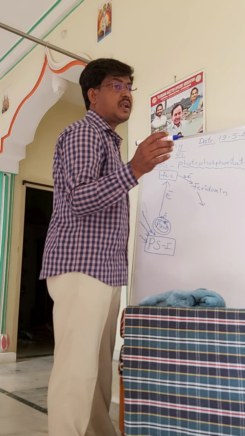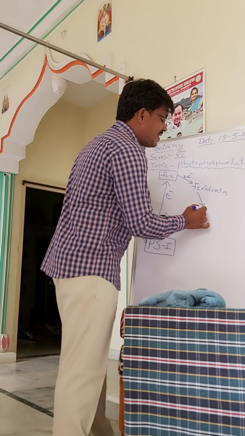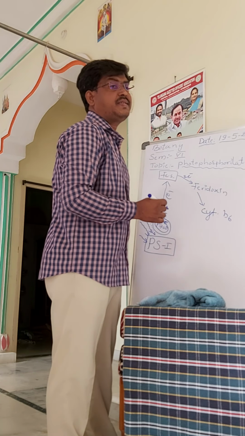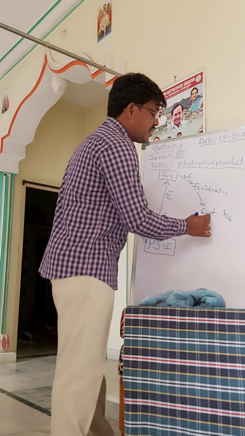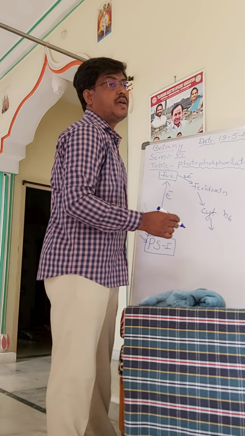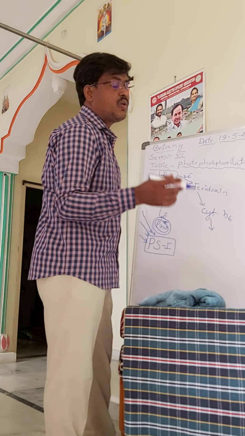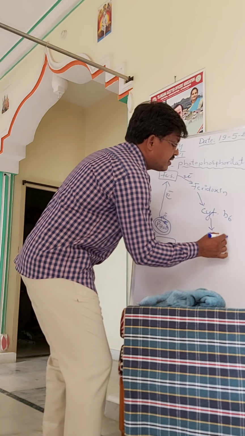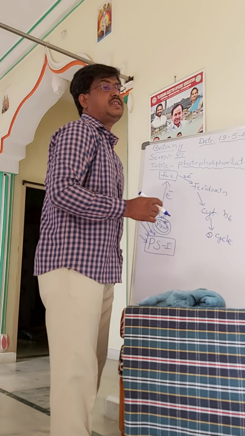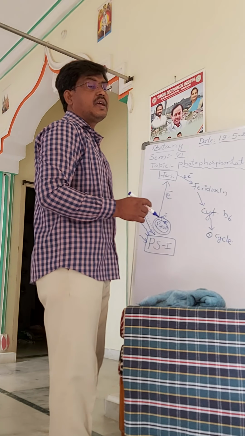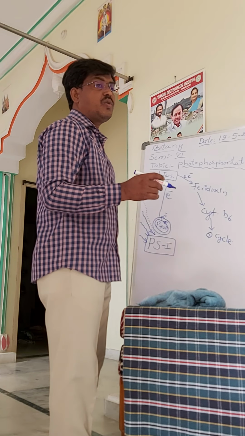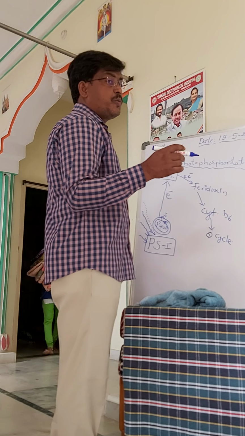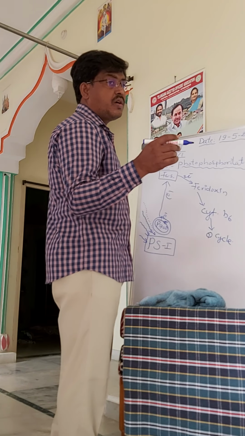So these electrons are transported to cytochrome B6, and this cytochrome B6 can transfer the electron to the quinone cycle. In this quinone cycle, there are quinone, semiquinone, and ubiquinol.